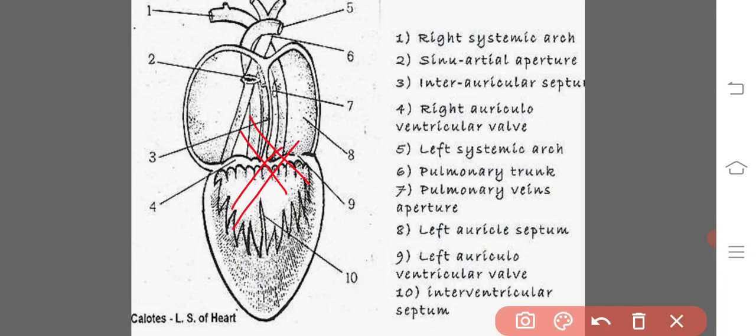So the cavum pulmonale supplies impure blood from the right side of the ventricle into the lungs, whereas the cavum dorsale supplies the pure blood to all the body parts.